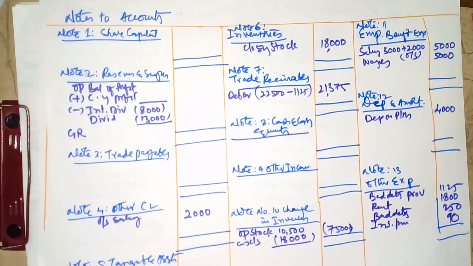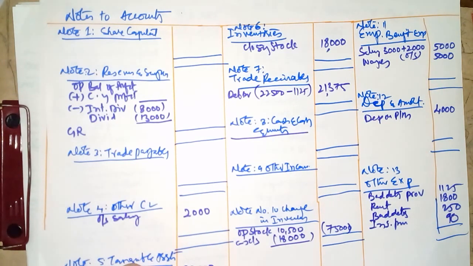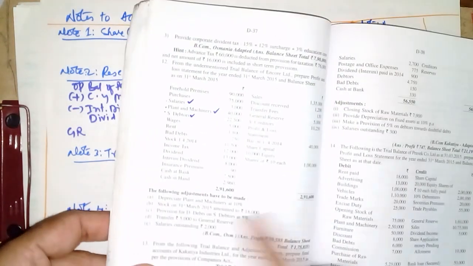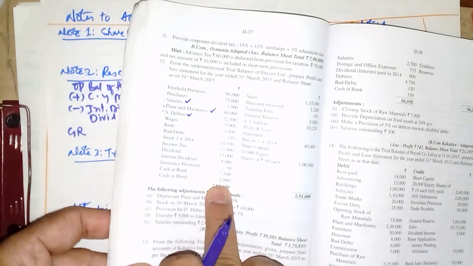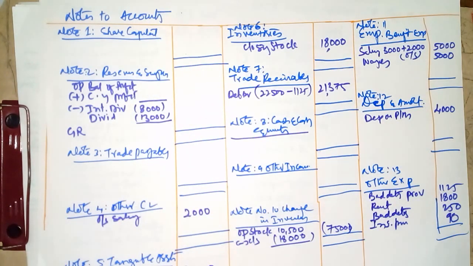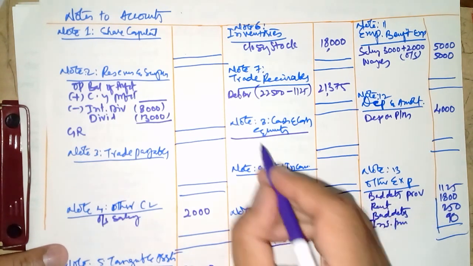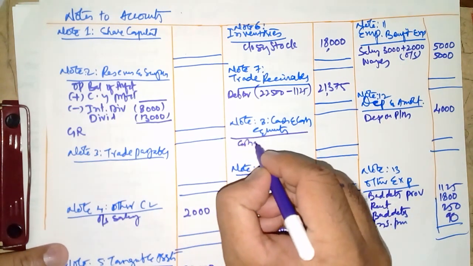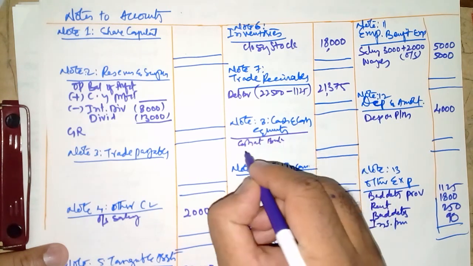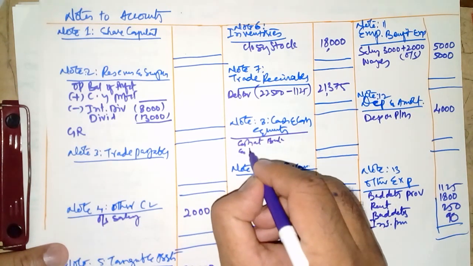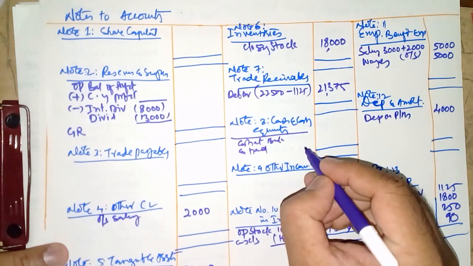Then next we have cash in bank and cash in hand. These two are cash and cash equivalents. So we have prepared a note for the cash and cash equivalents. So here cash at bank and hand both collectively.